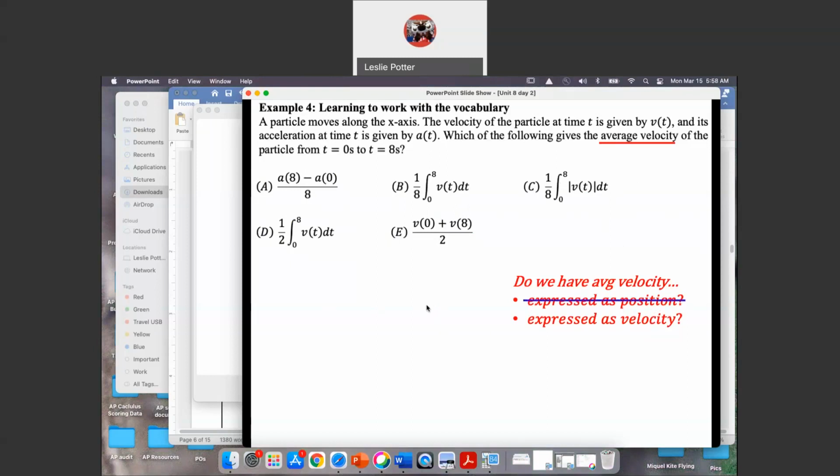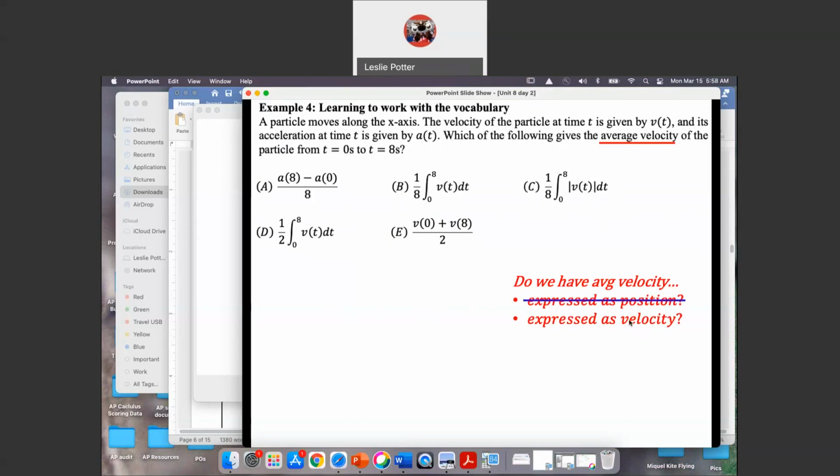So which one of these expressions averages the function that we have? Well, we know that this has an absolute value, and we only have absolute value for total distance traveled. So we can rule that out. We know that we have nothing that looks like this with acceleration. So we can rule that out.